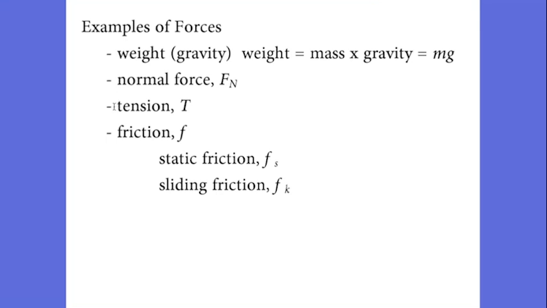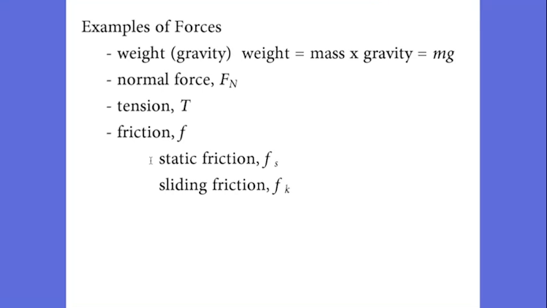A third force we'll see a lot is tension. So in a string, if you pull something with a string or hang something from a string or a cable, that pulling force of the string is called tension. And lastly, we've got friction. Anytime something is moving or wants to move along a surface, there will be some resistance to that motion, and we call that friction.